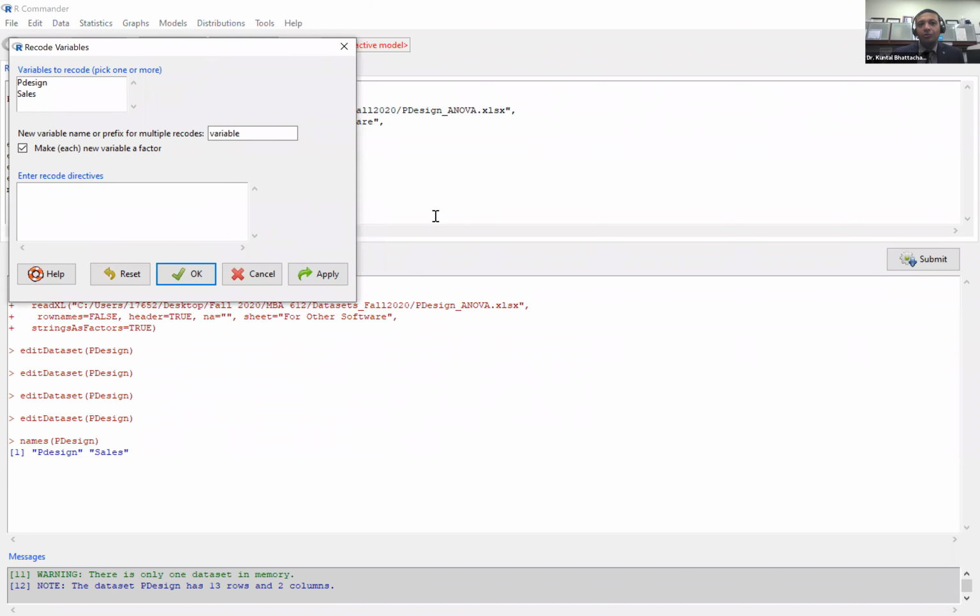Okay, so all I'm trying to do is have the package design essentially being recoded as a factor. So now 1, 2, 3, and 4 would be 4 levels of that factor. Okay, so new variable name will be P design. I just changed the name from a lowercase d to an uppercase D to make it sound unique.